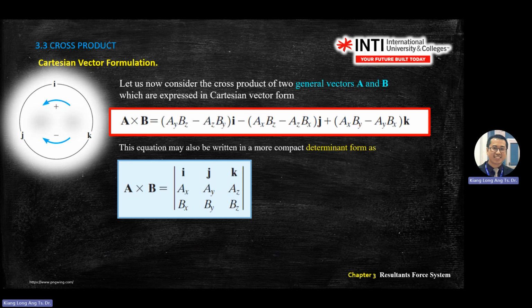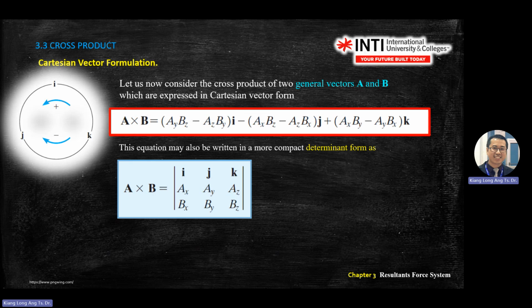That's why there is a negative there. J is negative because you are taking I cross K. From this circle, I cross K, you get negative J.